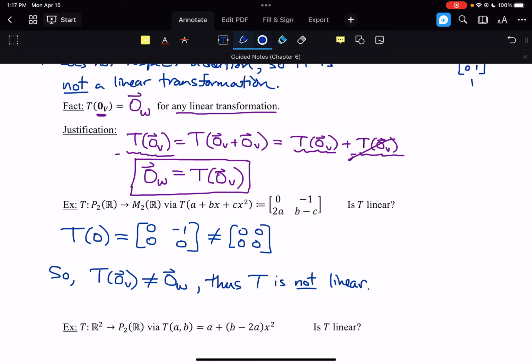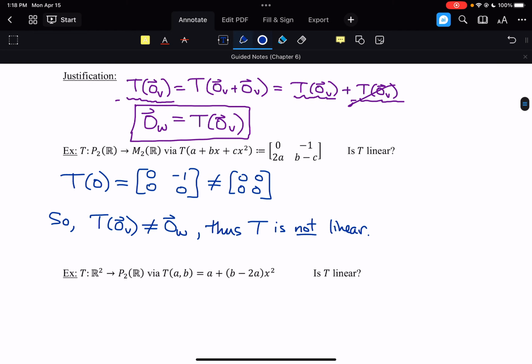Or I should say, a nonlinear transformation. It's like the zero vector check when we were testing subspaces back in chapter 4. If the zero vector is not there, that can be very useful in showing that it's not a subspace, but if it is there, you still have to test it. Same thing here. If the zero vector transforms appropriately, we still have to verify that it is a linear transformation. But in this case, the zero vector doesn't even transform properly, so it's not linear.